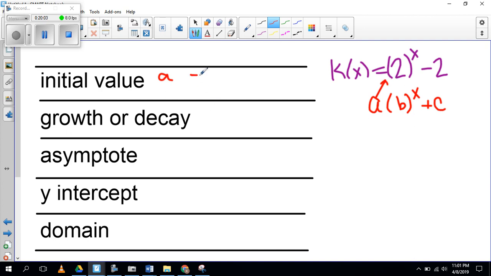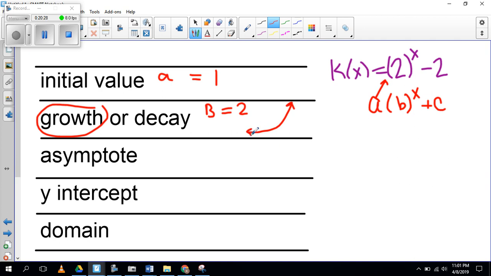So if it's in front, we know it has to be a 1 if there's no number there. Okay? So for growth, we got to look at the letter B, which our B is 2. So remember, for growth, it has to be bigger than 1, and it is, so it's going to grow. So our graph is going to look like this.